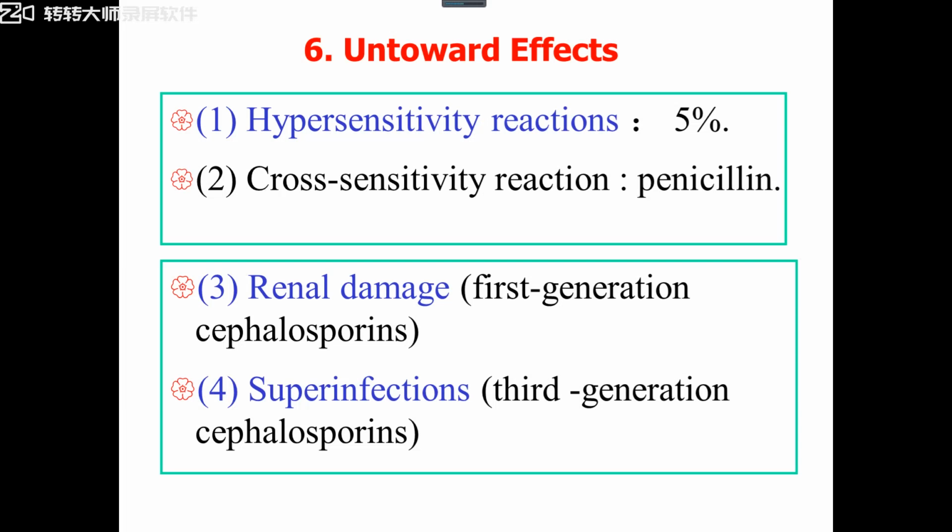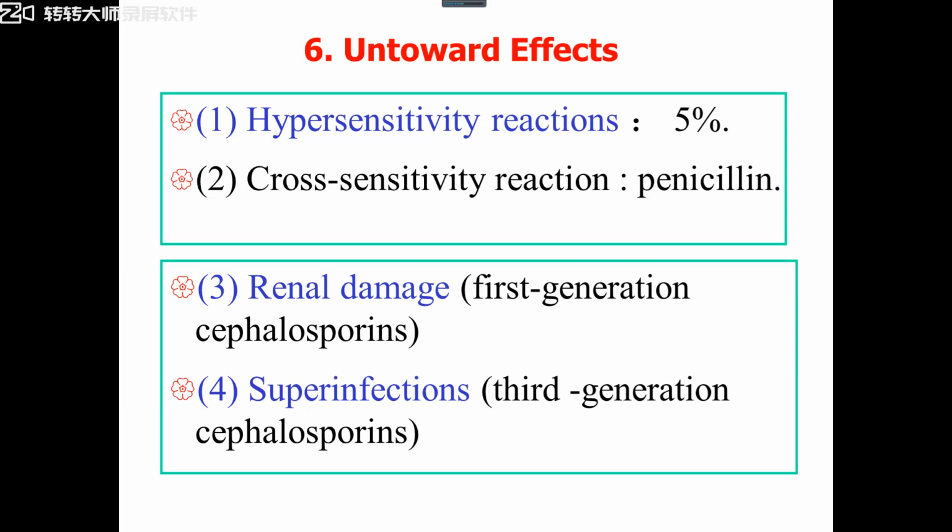The first generation cephalosporins, vancomycin, and aminoglycosides. These three kinds of antibiotics have obvious nephrotoxicity, renal damage. That means we should pay attention to two points.